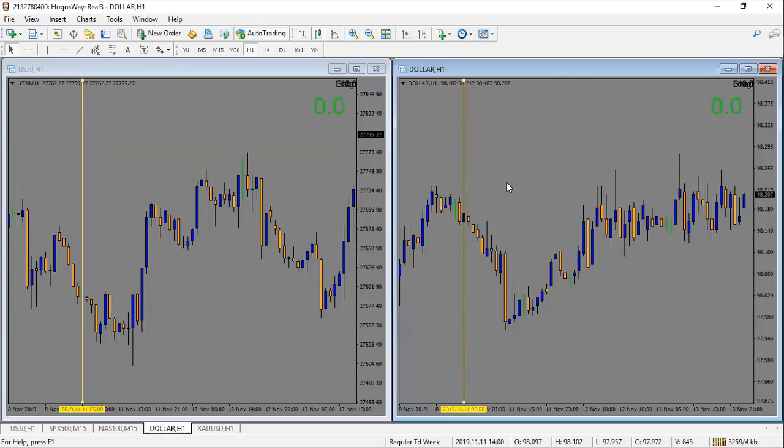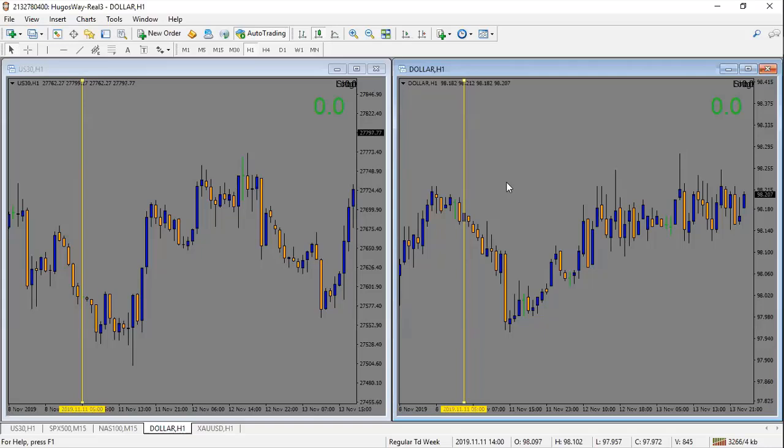So, with that being said, if your account can't handle US30 but you still want to trade indices, then trade SPX 500. That's like the Euro USD of indices.